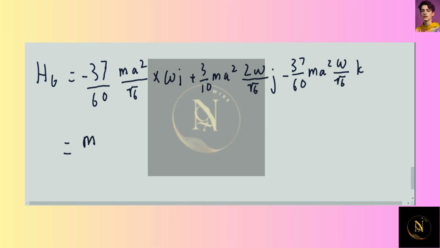And then we can simplify this as m times a squared times omega divided by 60 times the square root of 6.